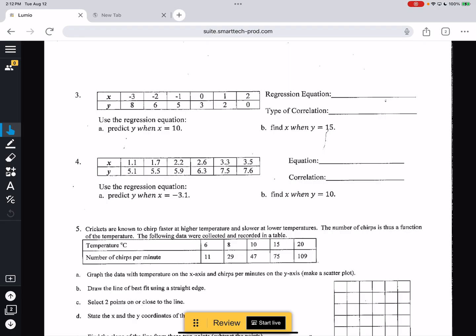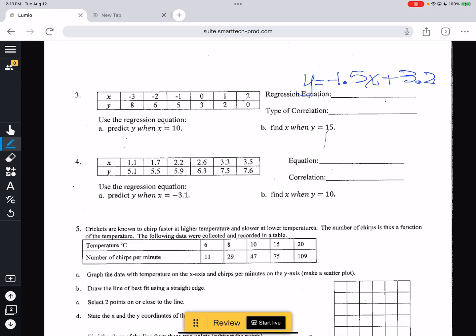Now we take our x and replace it with a 10. So negative 1.5 times 10 plus 3.2.